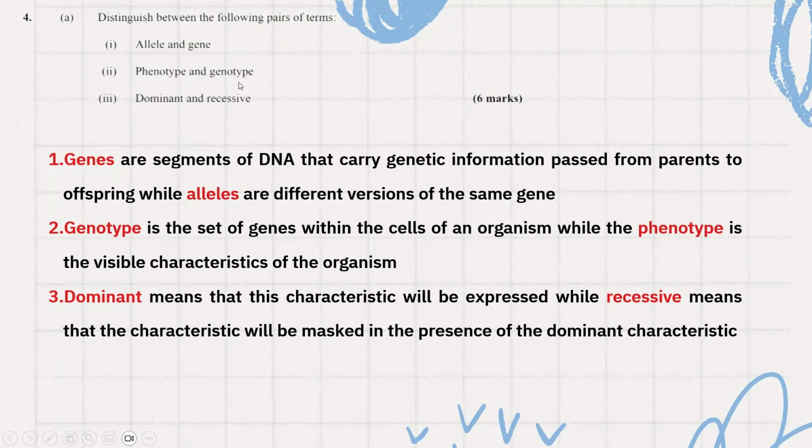I may tell you what a genotype is properly and then link that to what the phenotype is, however it works in your brain. So when questions come like this, you do not have to put this first and this second. You can put it in whatever order you want, as long as you are distinguishing between the two terms.